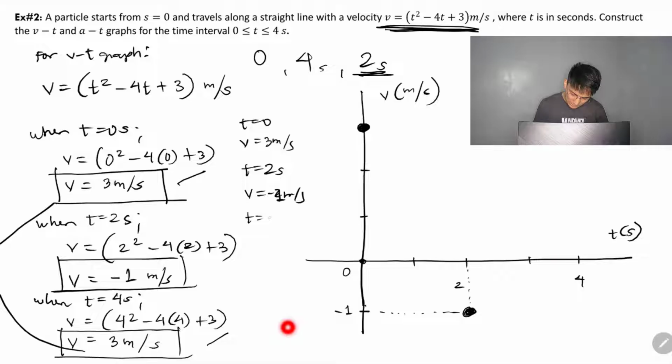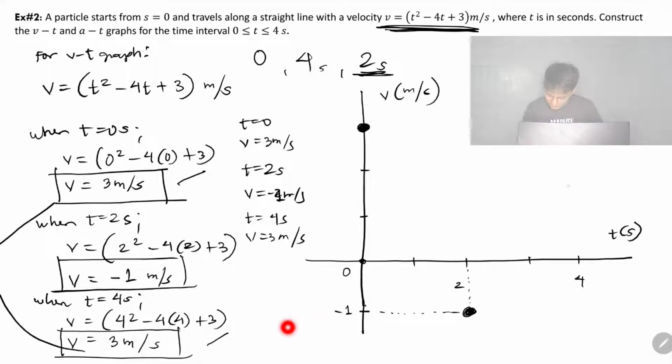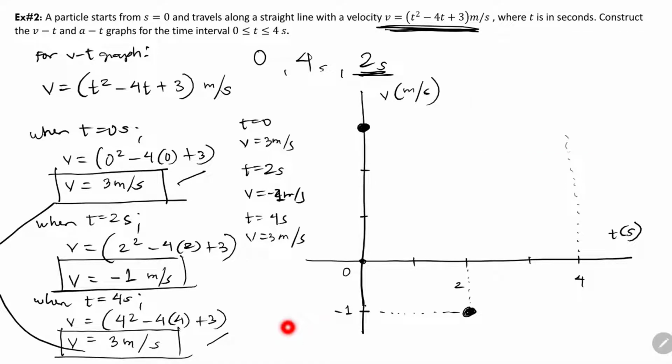Kapag yung time natin is at 4 seconds, yung kanyang velocity ay 3 meters per second. So, this is our last point. Kung i-graph natin yan, it's more on a parabolic graph, parabolic curve. So, ito po ang ating VT graph out of problem number 2, out of the velocity na given na equation.